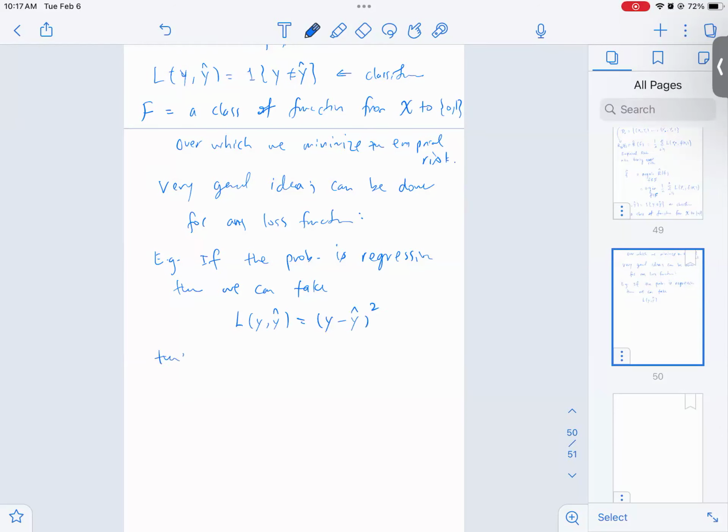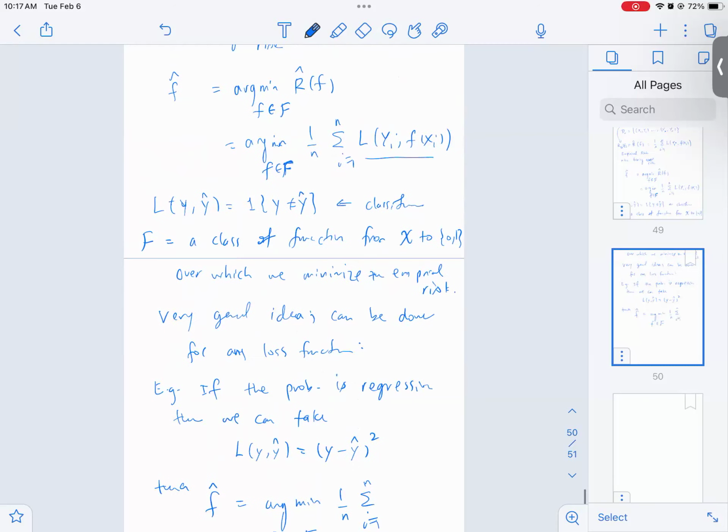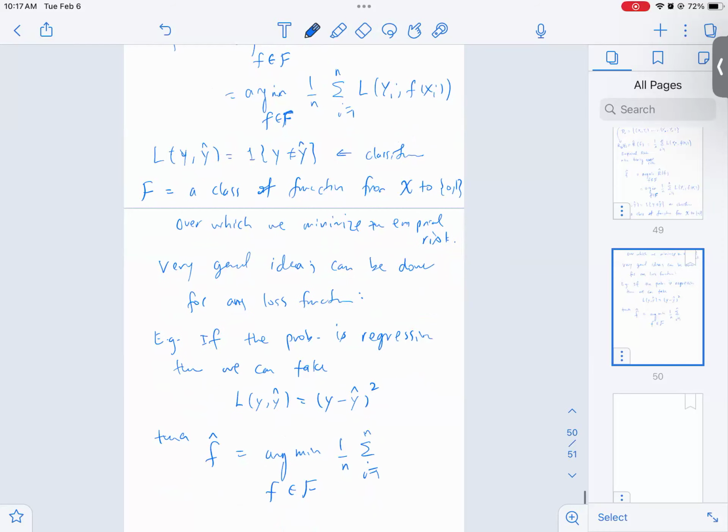Then our empirical risk minimizer would be the argmin over f in some function class of 1 over n summation i from 1 to n, where I replace L of y and f of xi with just this loss, giving (yi minus f of xi) squared.